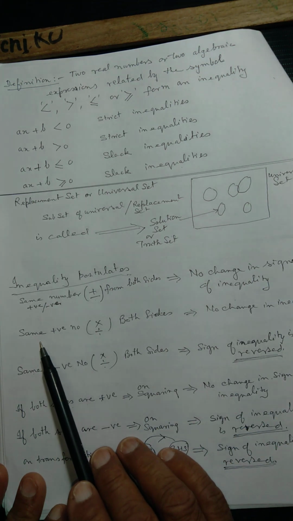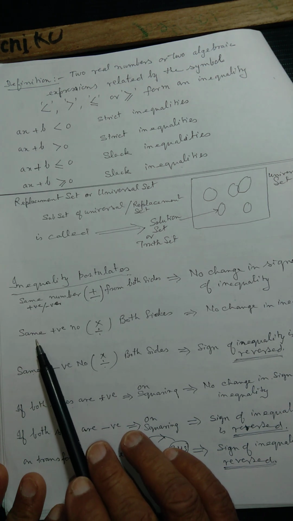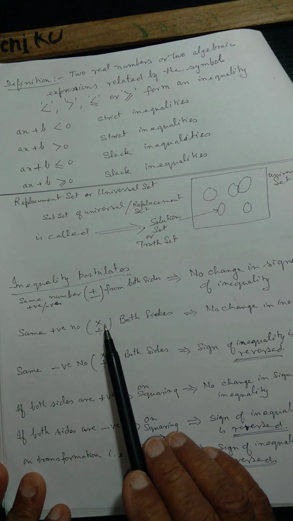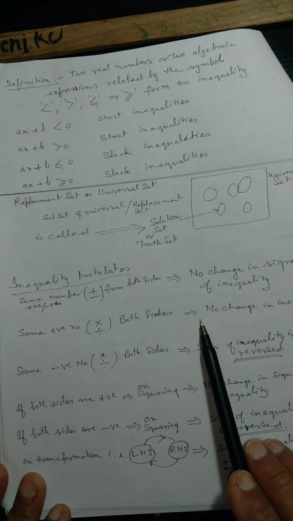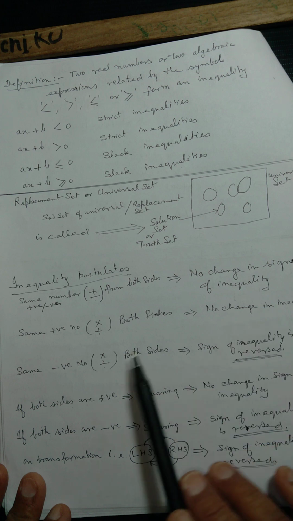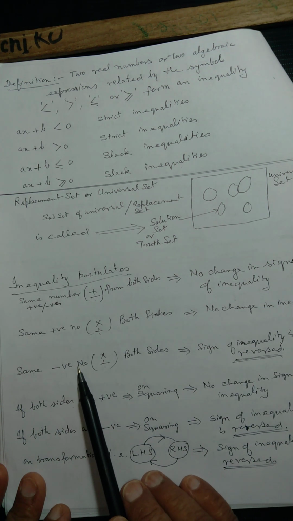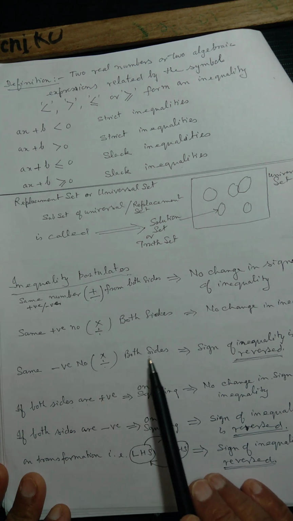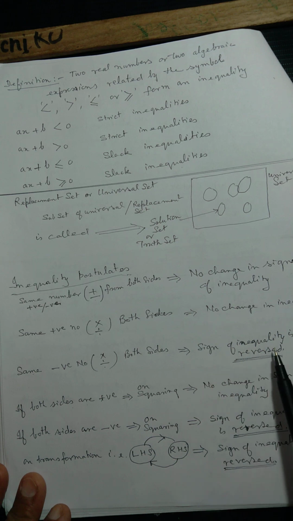The same positive number can be multiplied or divided on both sides, and there is no change in the inequality. If the same negative number is multiplied or divided on both sides, the sign of inequality is reversed.